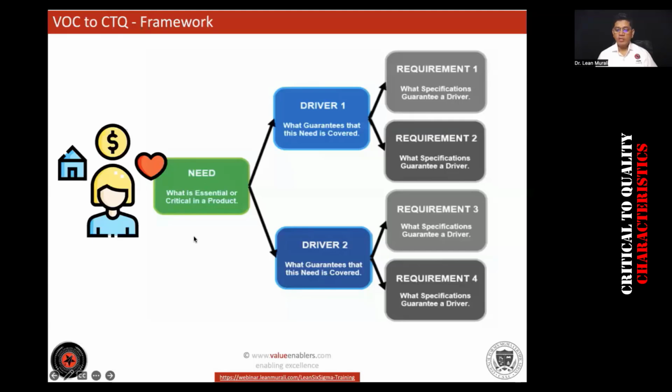Suppose if the coffee should not be too sweet, if they say I don't want the tea to be too sweet or coffee to be too sweet or the beverage to be too sweet, okay, what guarantees the sweetness is sugar. Okay, and what specification guarantees this driver is half teaspoon or 1 teaspoon.